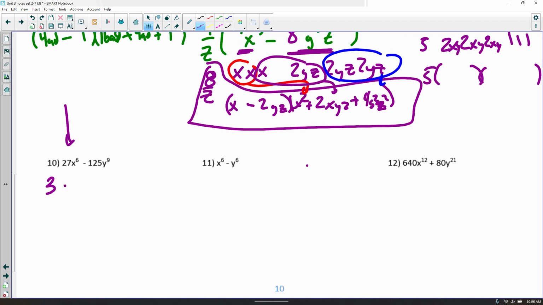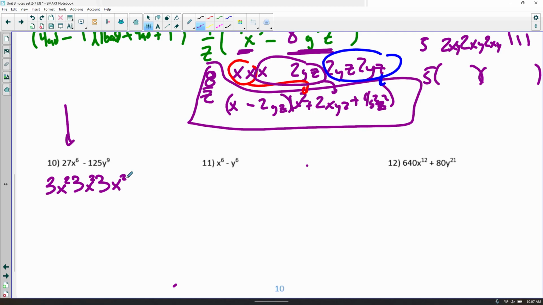So it's 3x, 3x, 3x. So how do we get 6? What number would that have to be? 2. Because 2 plus 2 plus 2. Does it make sense? So you're adding the exponents. So you're just going to divide them.